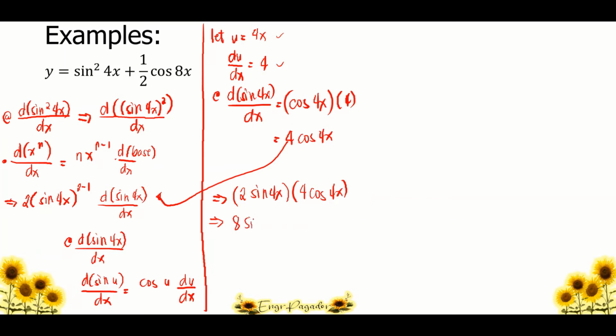And then, kopyahin natin yung mga transcendental functions natin. So, from here, 8 sine 4x cosine 4x, pwede pa natin siyang isimplify. How? By the use of the different trigonometric identities. So, yung mga trigonometric identities natin, if we recall, yung sine 2x natin, so recall, double angle formulas.